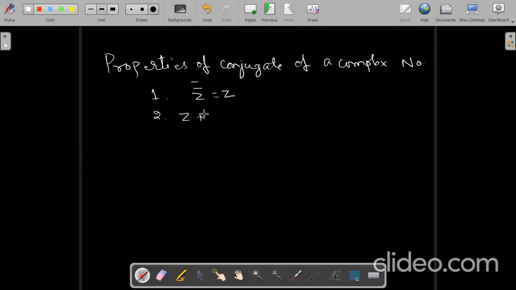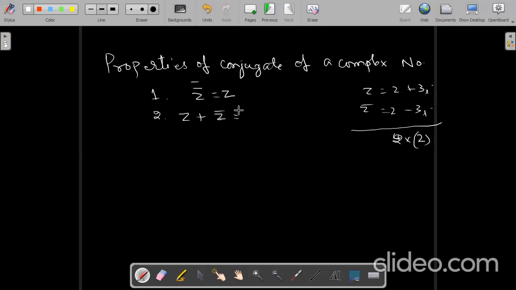And when you are adding a number with its conjugate, for example, if you have the complex number 2 plus 3 iota, then its conjugate will be 2 minus 3 iota. If you add them, you will get only 4, which is 2 times 2. So the real part will become 2 times.